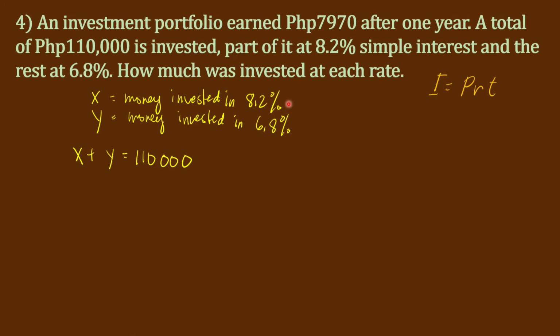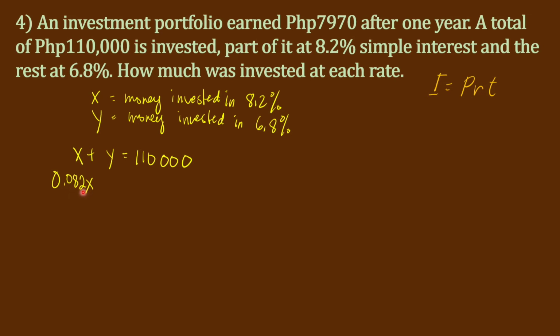Now, we will now create the second equation. The second equation will come from the interest earned. Now, in 1 year, the interest earned of the investment in 8.2% is 0.082 times x. So, ibig sabihin yan, your money will earn 8.2% of that in 1 year. So, it is just 0.082x.